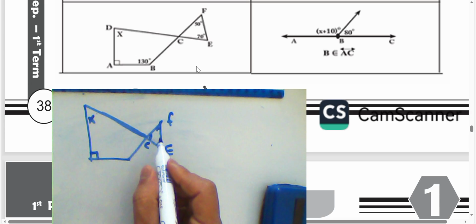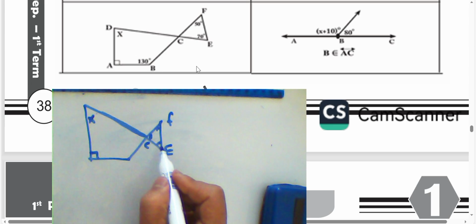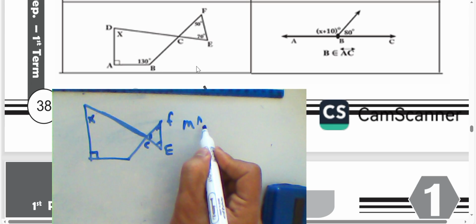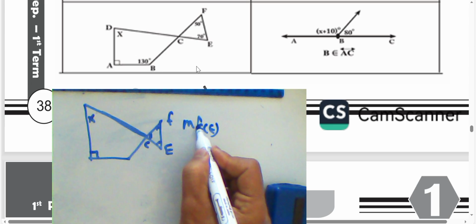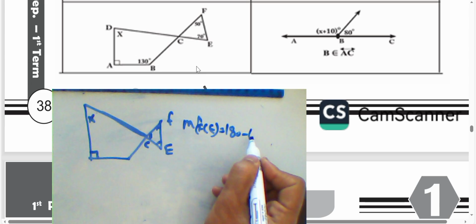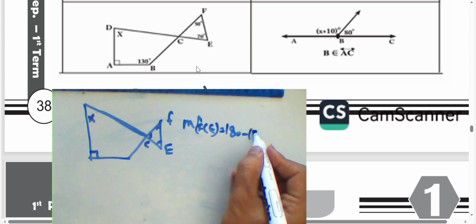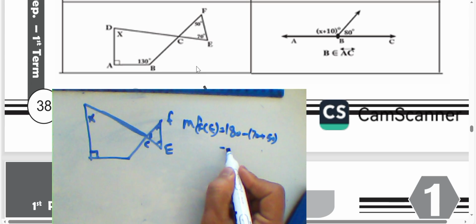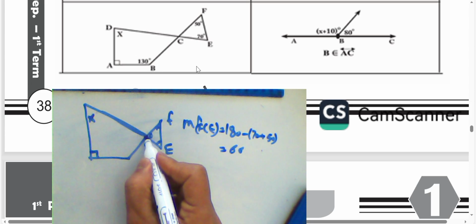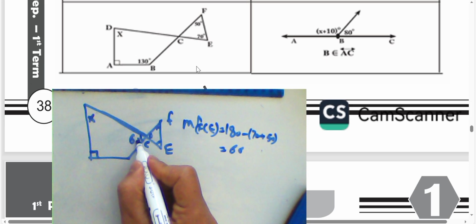I will first find the measure of this angle FCE. The measure of angle FCE equals 180 minus 70 and 50, equals 60 degrees. Then the measure of the angle here, vertical opposite angle, is also 60.